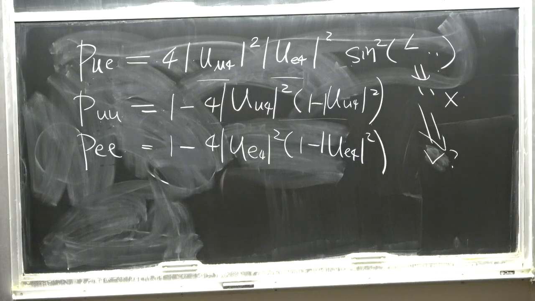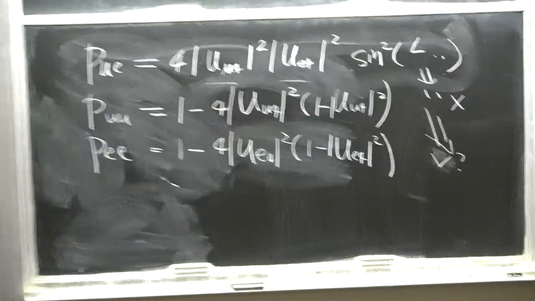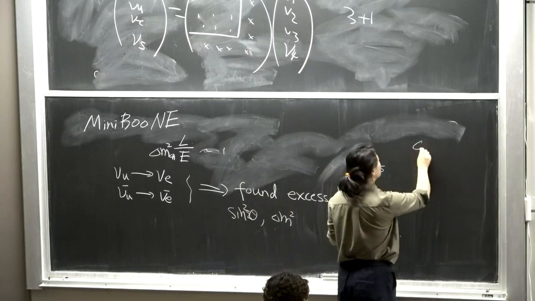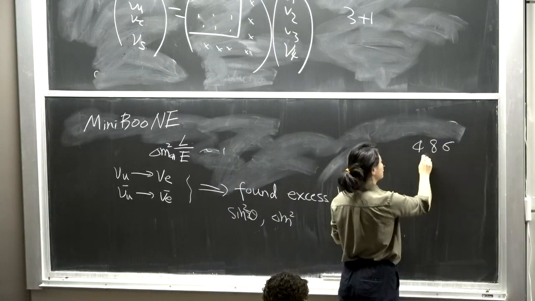So you'd call that a discovery, you just don't know exactly what you've discovered. I just happened to be looking at the Wikipedia page for MiniBooNE. It's in 2018, and it said 4.8 sigma for MiniBooNE alone, and 6.1 sigma when combined with LSND. Okay, so 4.8 or 6.1.